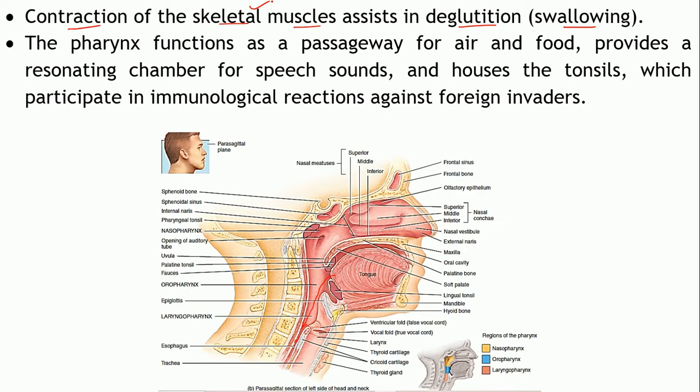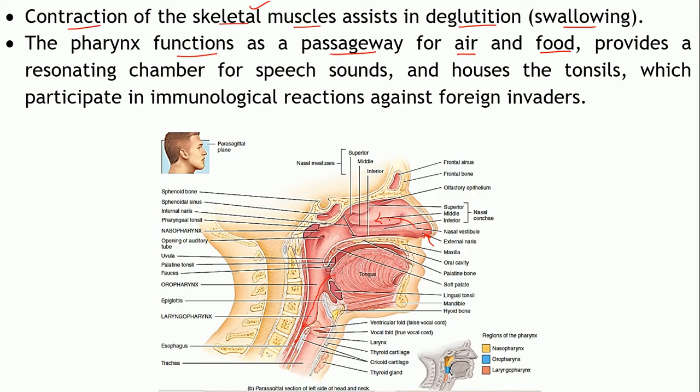Now what are the functions of this particular organ? Coming to the functions of the pharynx. The pharynx will act as a passageway for both air as well as food, because the air which enters your respiratory system through the nose will enter into the nasal cavity.